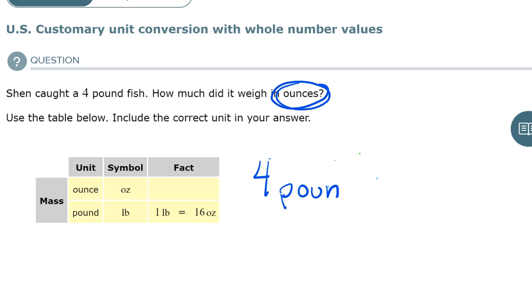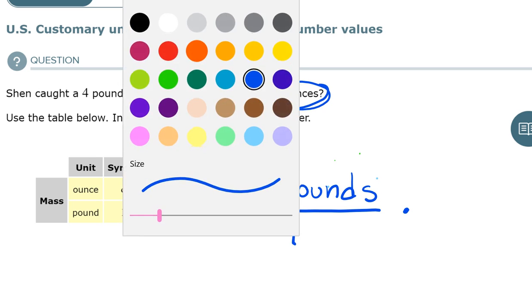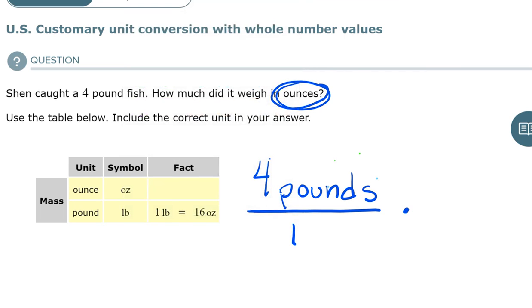So if I'm starting with 4 pounds, I can call that 4 pounds over 1. And then, very similar to what we just saw, I'm going to multiply that by a fraction. But if I'm going to multiply that by a fraction without changing the amount, it has to be a fraction that represents 1.